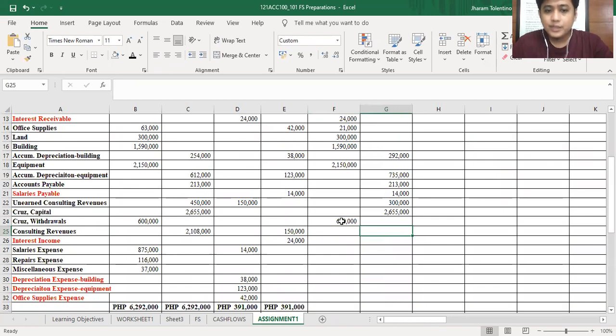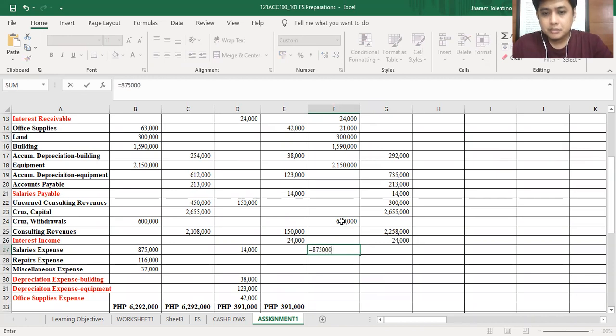Next, consulting revenue, credit, just add. So 2,108,000 plus 150. Okay. Then interest income, bago, 24,000, just add. Then we have salaries expense, debit. So we have add 875,000 plus 14,000.